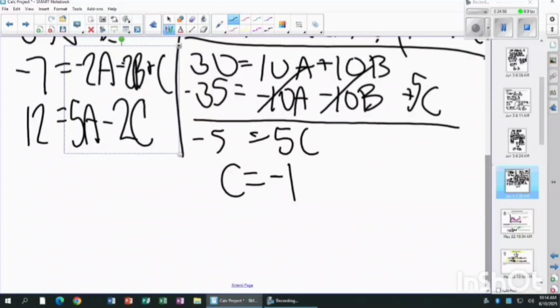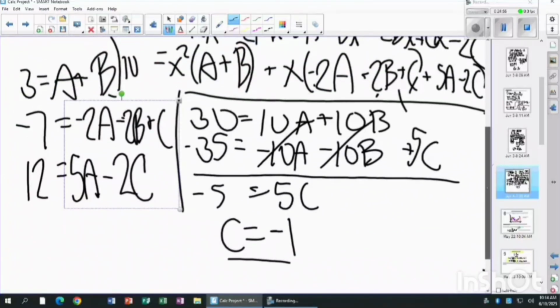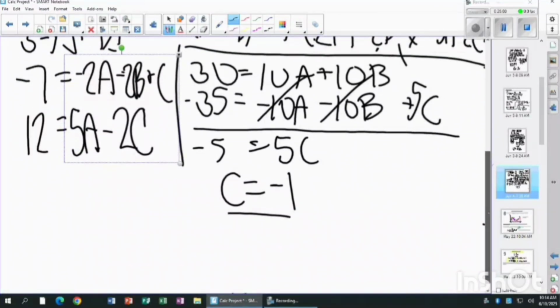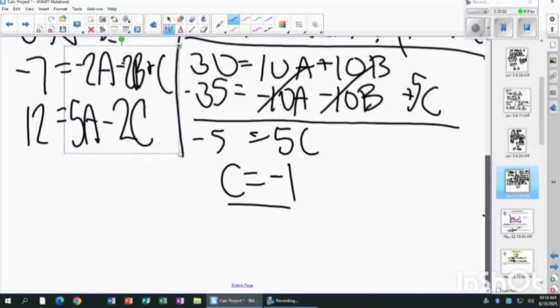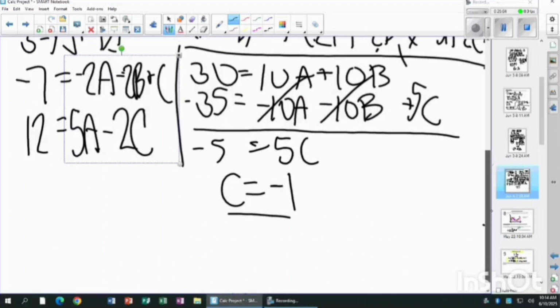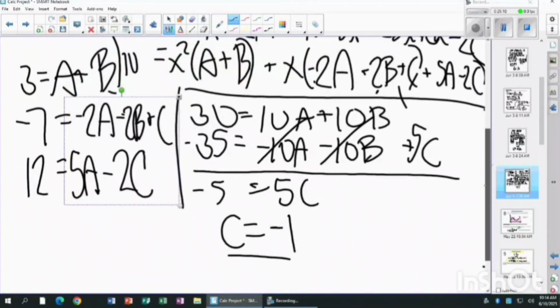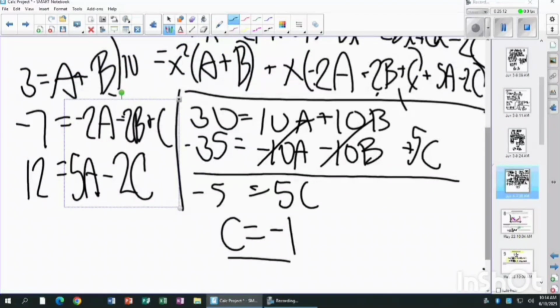Okay. Now we know c, so let's plug into 12. Wait, I need to solve for b now.